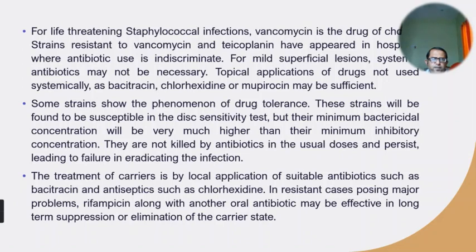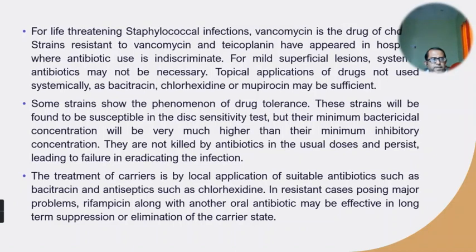And for the treatment of carriers, local application of suitable antibiotics such as bacitracin and antiseptics such as chlorhexidine is sufficient. In resistant cases, they cause many problems. And in such conditions, rifamycin, which is given orally, is effective for long-term suppression and elimination of the carrier state.